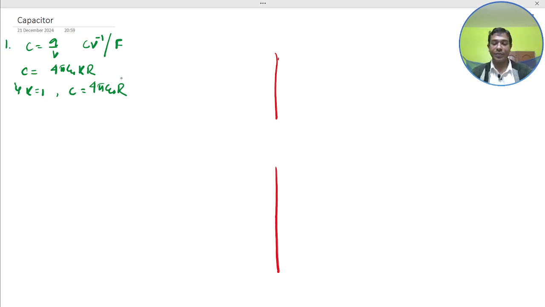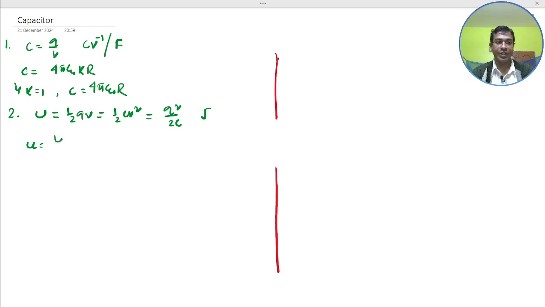Now the potential energy of a charged conductor: U equals half QV, equals half CV square, equals Q square by 2C, in joules. The energy density, small u, is potential energy by volume, so half epsilon naught E square. This formula is important. It is in joule per meter cube.